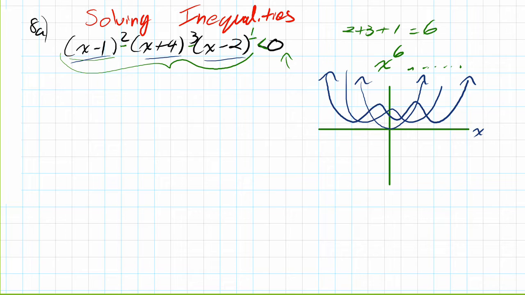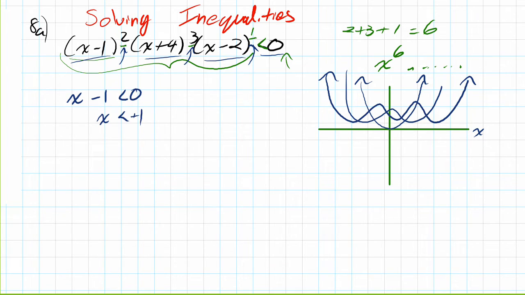The next thing we can do is look at the sets of brackets and find roots. These are essentially when each factor is equal to 0, so we can find those really quickly. Remember, this is an inequality, so it's less than 0. We can set up x minus 1 is less than 0, which would mean x is less than positive 1.